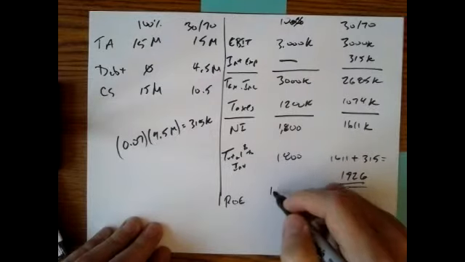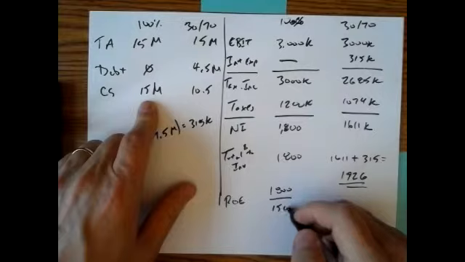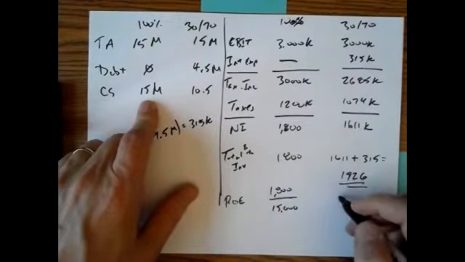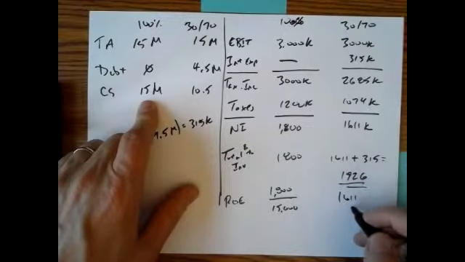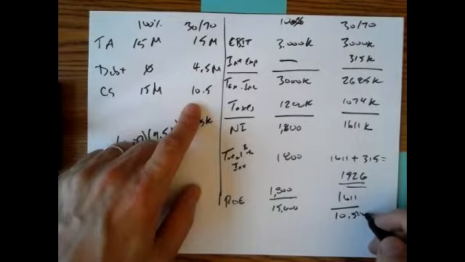Well, the ROE is going to be 1,800 divided by 15 million. Or 1,611 divided by 10.5 million.